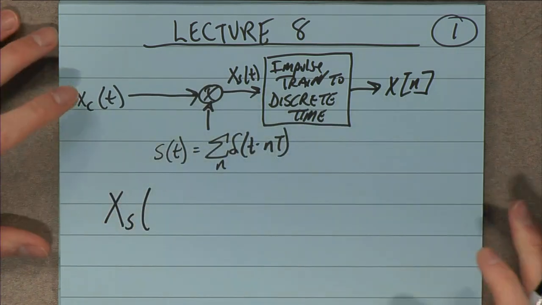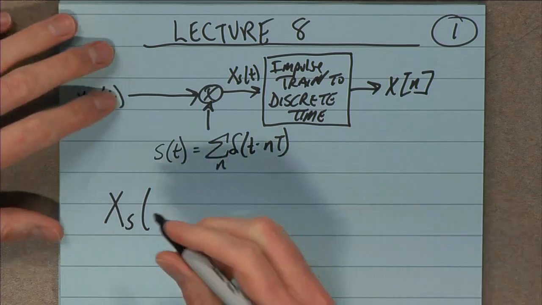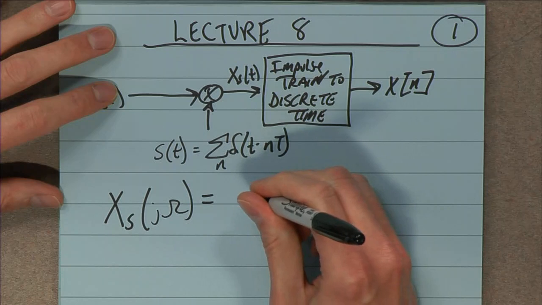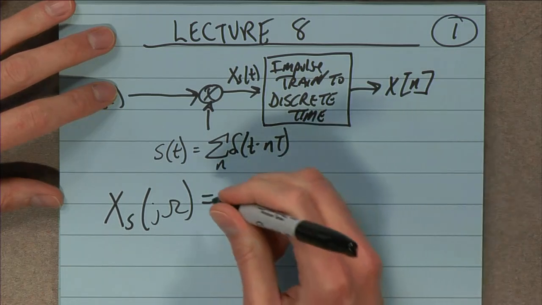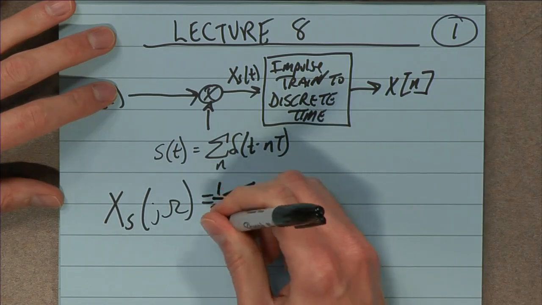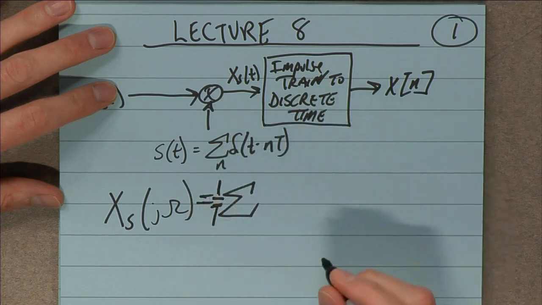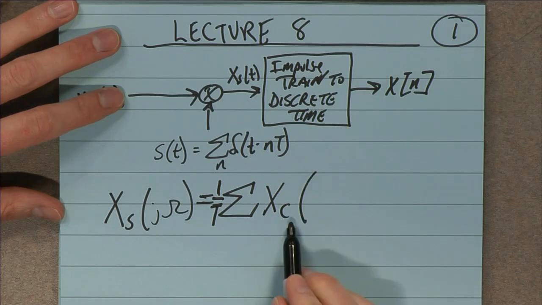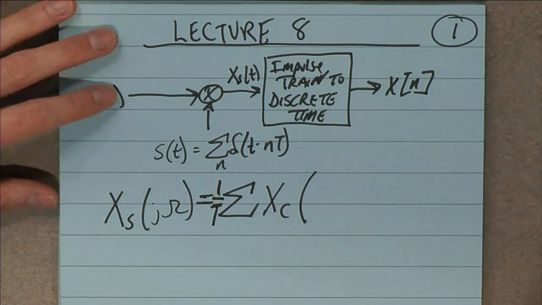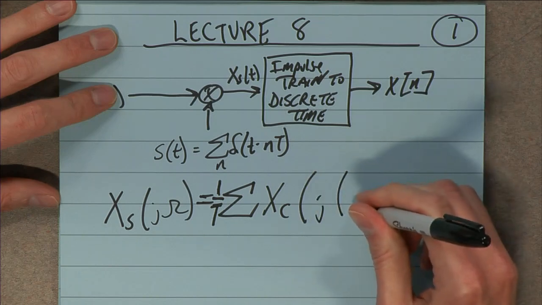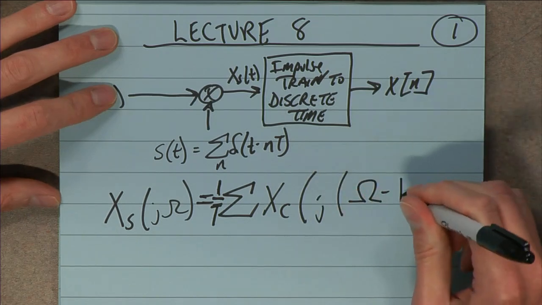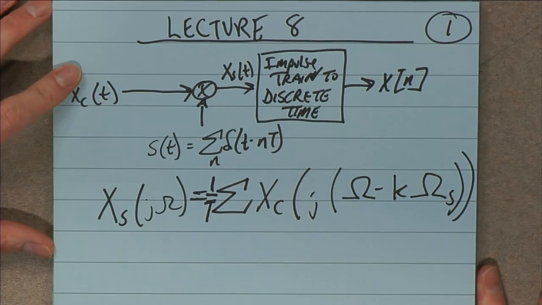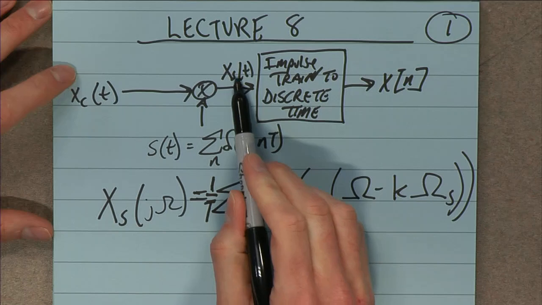So our salient result from last time was that the sampled signal in continuous time was a scaled version, 1 over T, of a bunch of shifted spectrums, which we wrote as the continuous time, unsampled spectrum, shifted: omega minus k omega s. So we were able to relate the sampled signal to the input.